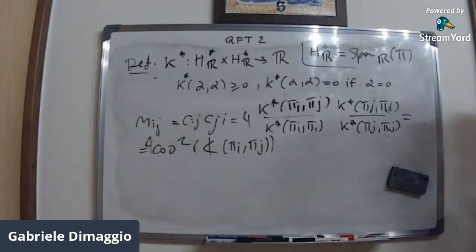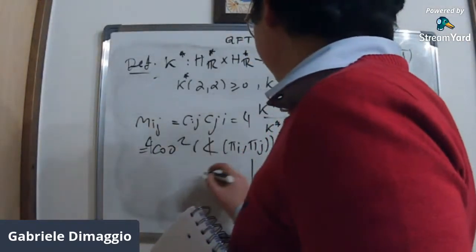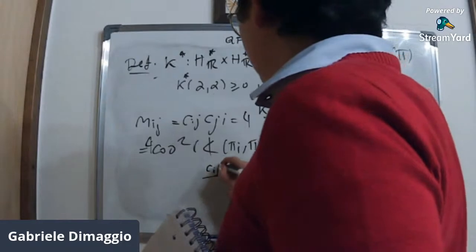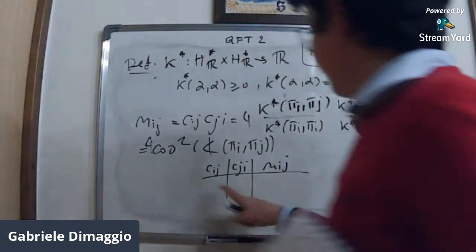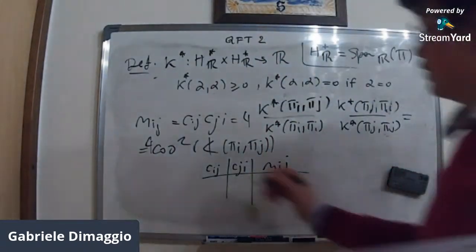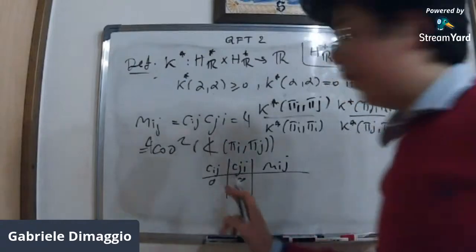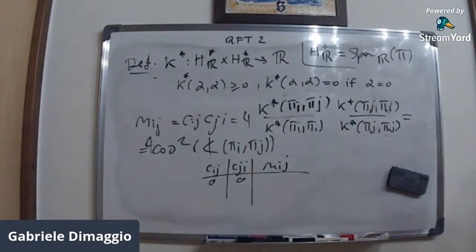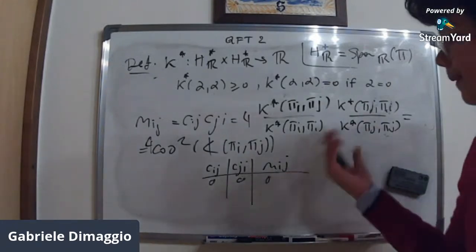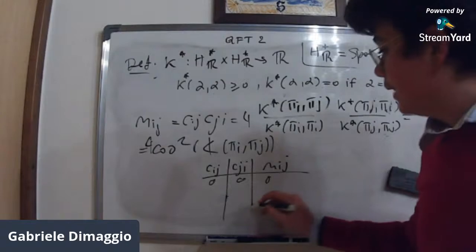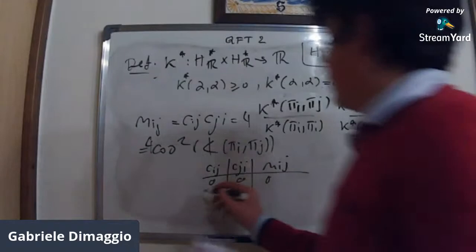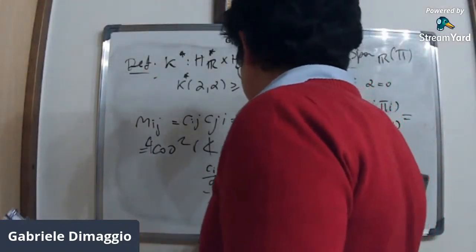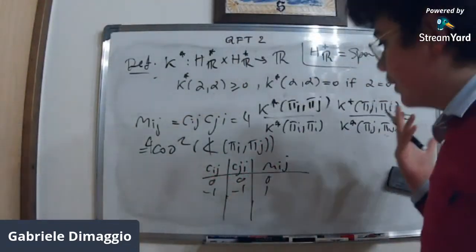Perfect. And so now I can write a map: C_ij, C_ji, and here I have N_ij. So I have, for example, 0, 0. Of course, I have 0 because it's a multiplication. Then I have -1 and -1, and here is 1, for example.